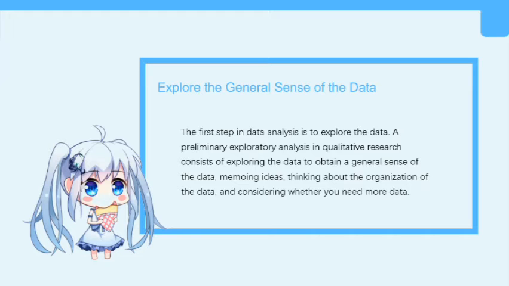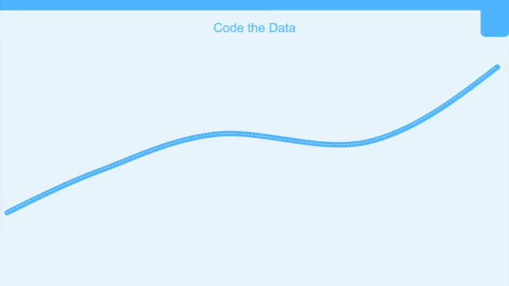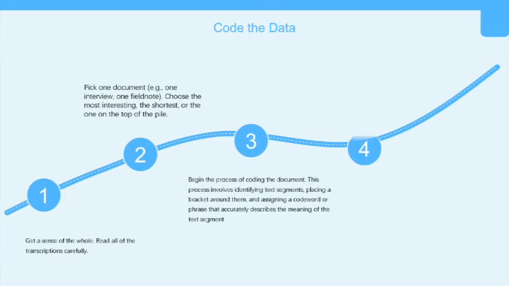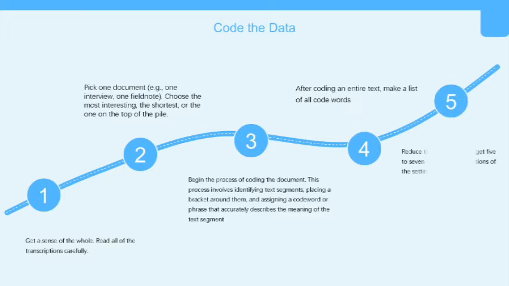This consists of exploring the data and developing codes as the first step in analysis. First is exploring the general sense of the data. The first step in data analysis is to explore the data. Second is coding the data.